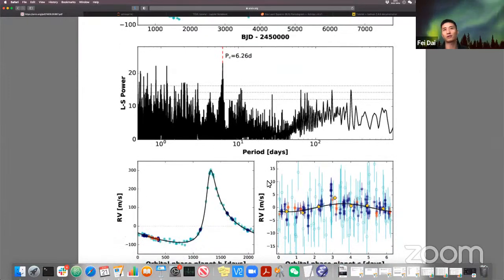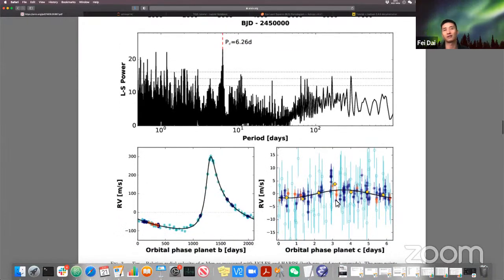While this is perhaps less convincing, if you look at the bottom right panel, this is phase folded at that 6.26 day period. And you can see the individual measurement uncertainties on the various instruments can be quite big.